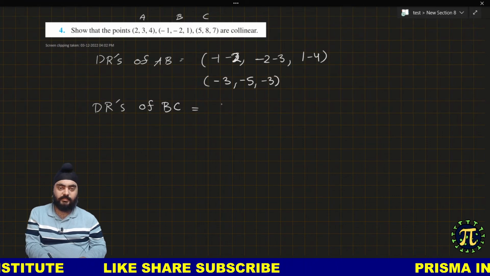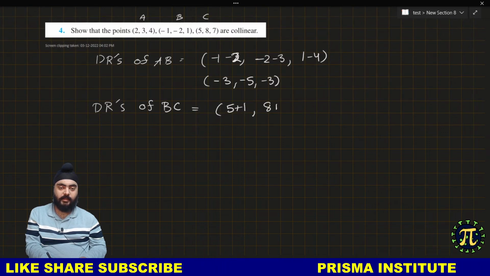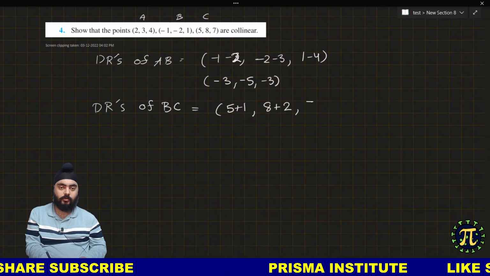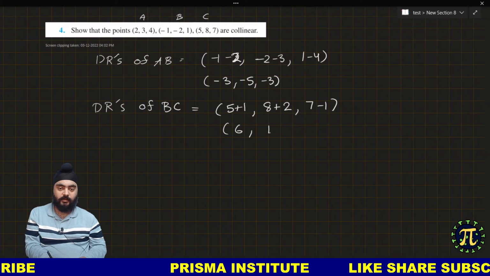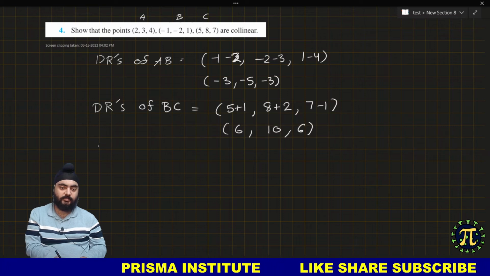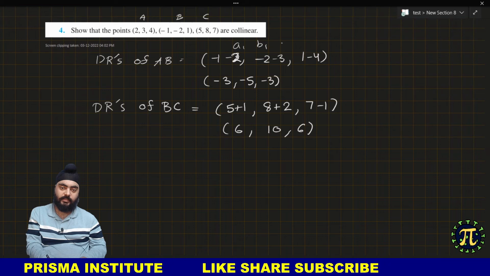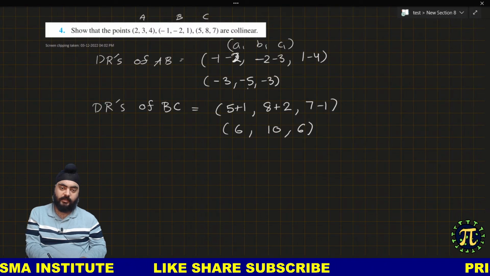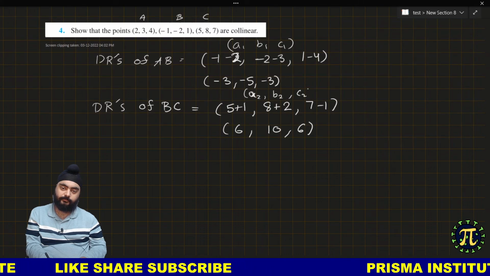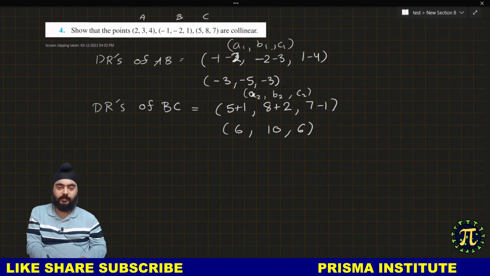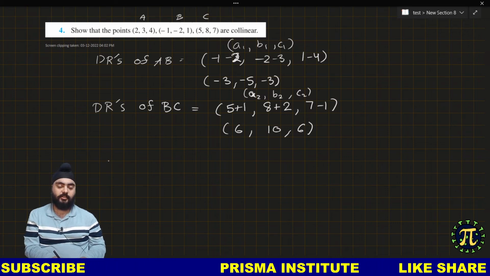So DRs of BC are 5 plus 1 comma 8 plus 2 comma 7 minus 1 which are 6 comma 10 comma 6. So these are A1 B1 C1, and these are A2 B2 C2, and if these 3 points are collinear, then direction ratios must be proportional.